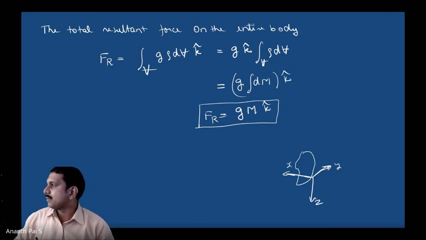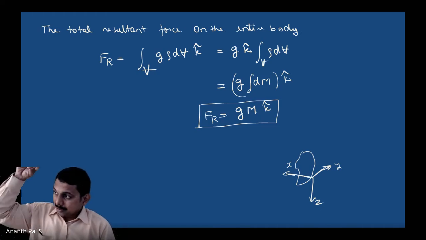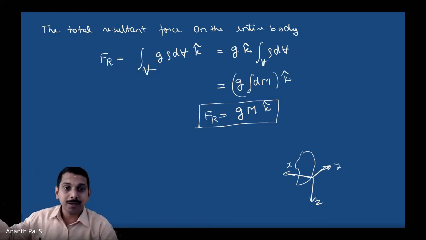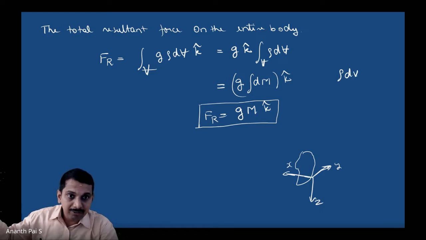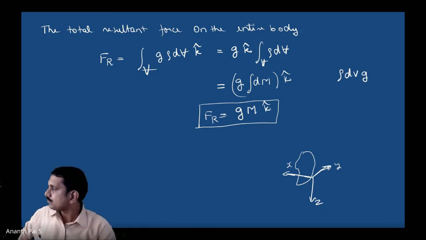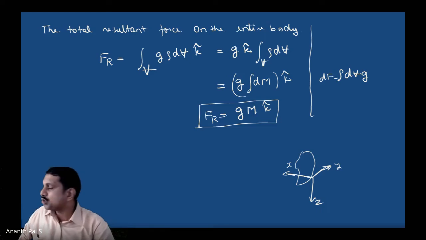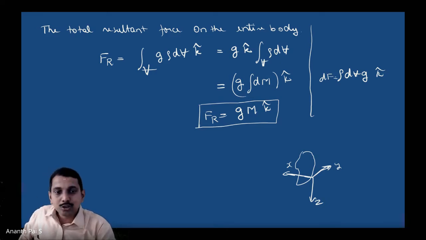Then that is equivalent. I'll repeat again. The individual forces caused by rho dV into G, this is the individual force dF. This dF would be rho dV into G of K. Correct? Now these individual forces dF have to be replaced by F.